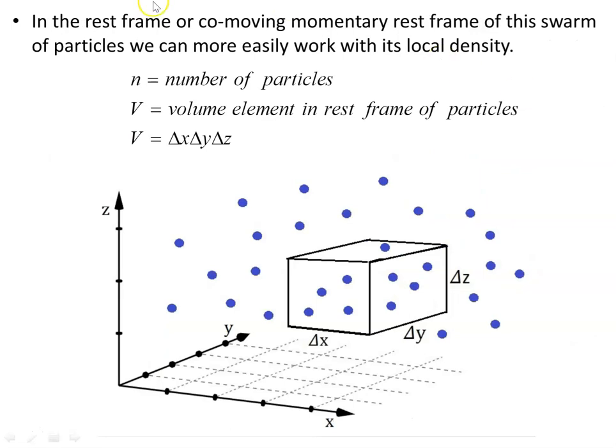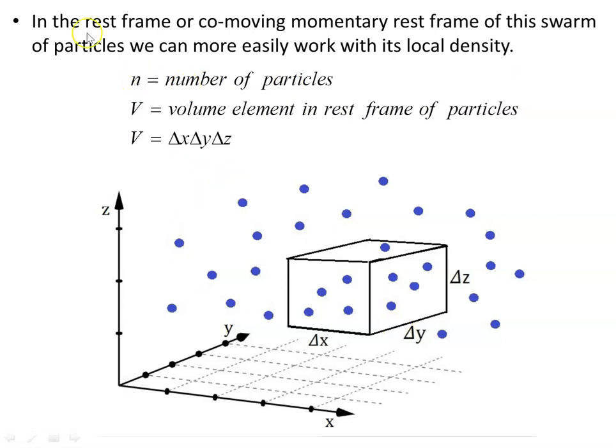All right, now in the rest frame, that was S prime, or the co-moving momentary rest frame is another way of saying that, this swarm of particles, we can more easily work with its local density, because now that we have multiple particles, we're not going to work with the energy of one, but we're going to work with the energy of the total, and then we're going to have a look at the density. It often makes more sense to work with density than it does to try and sum up all the particles.